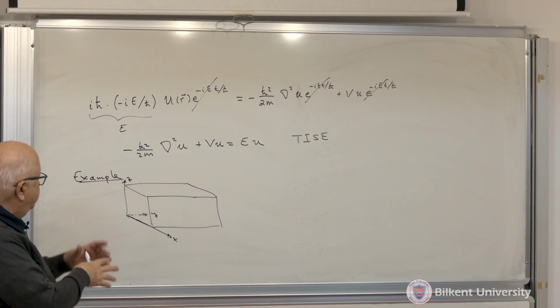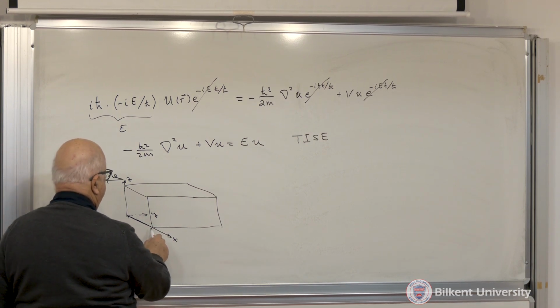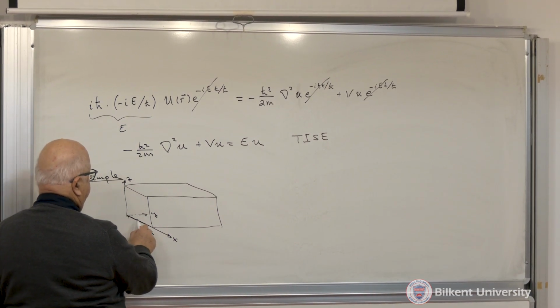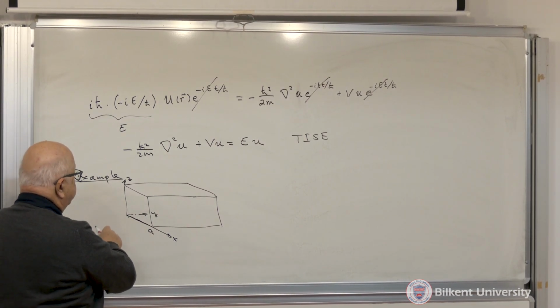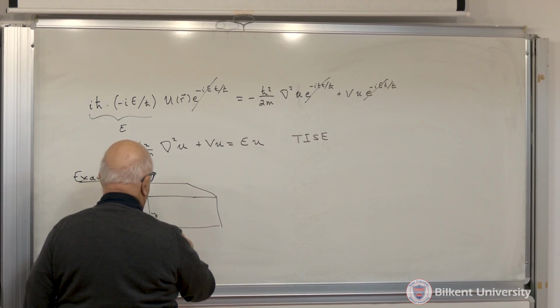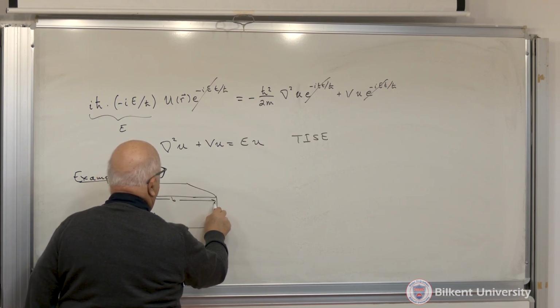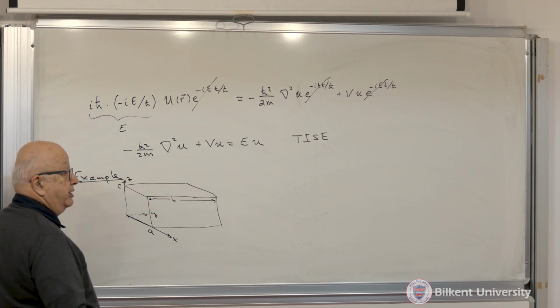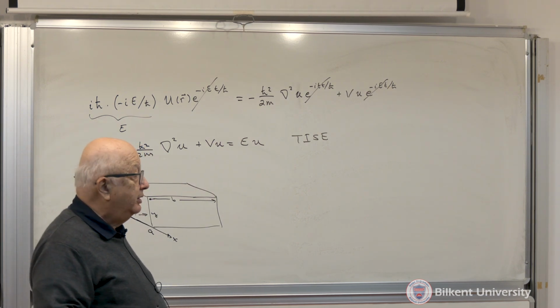So it's a box placed on the origin, and suppose it has dimensions: in the x direction it has length a, in the y direction suppose this length here is b, and in the z direction it's c. So it's a box a by b by c, right?